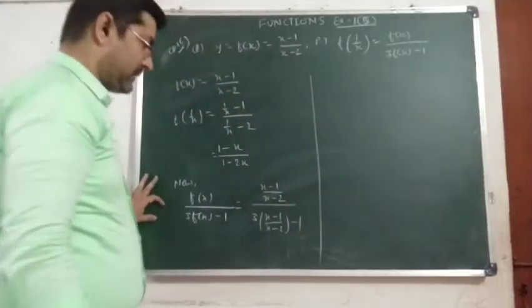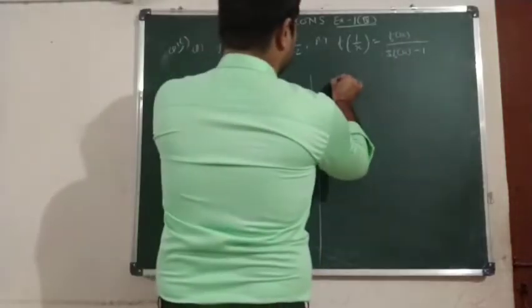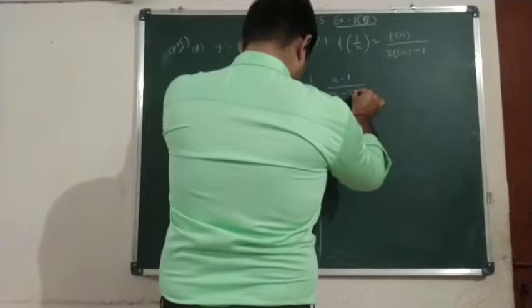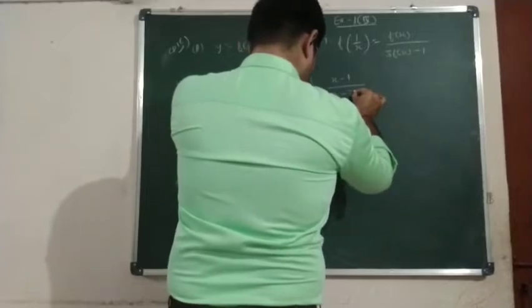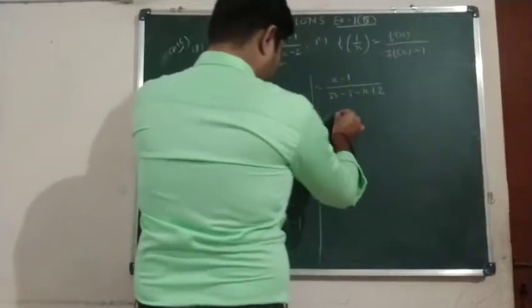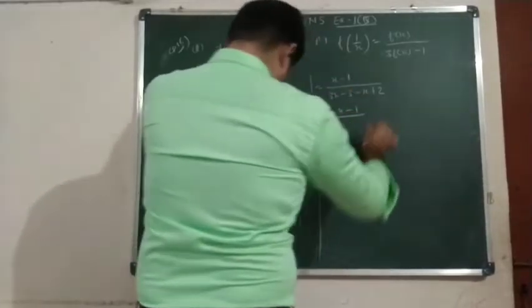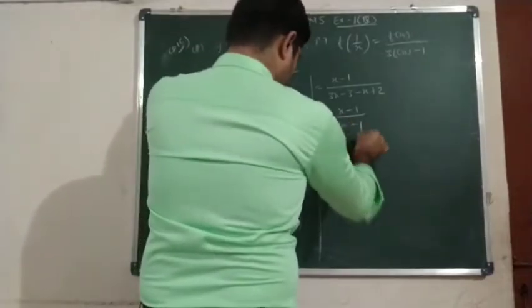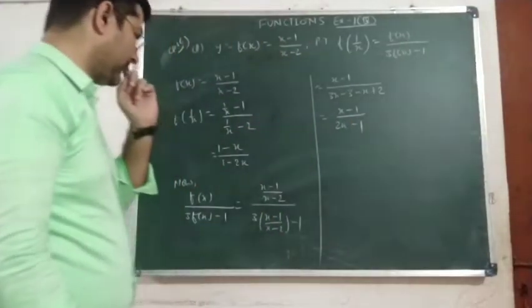Let us further simplify, so we will get x minus 1 upon 3x minus 3 minus x plus 2, which on further simplification will give us 2x minus 1.